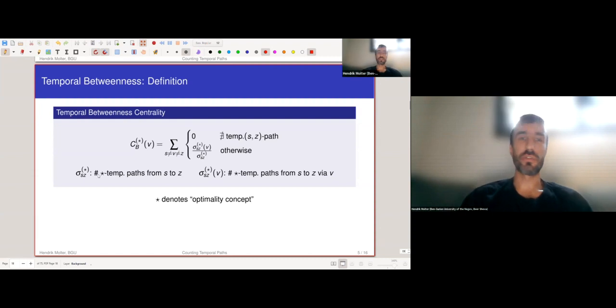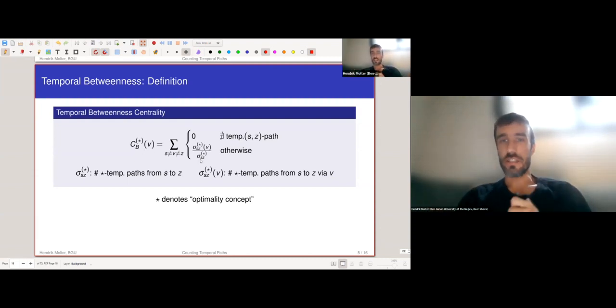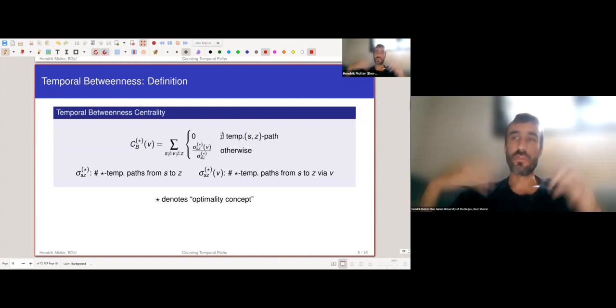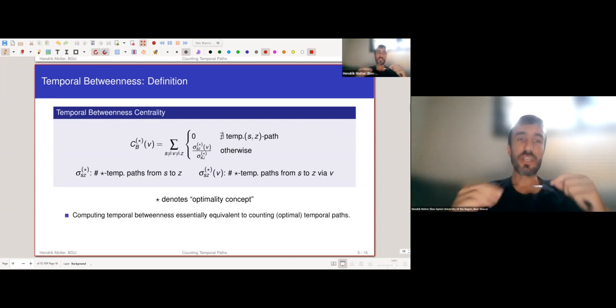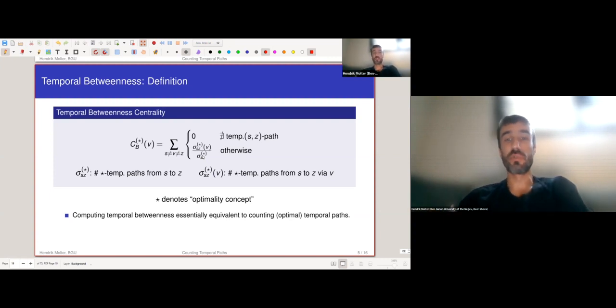And you can actually show that computing this betweenness value is as hard as computing these values. So there's no way to get around that in some sense. So we can observe that computing temporal betweenness is essentially equivalent to counting optimal temporal paths.